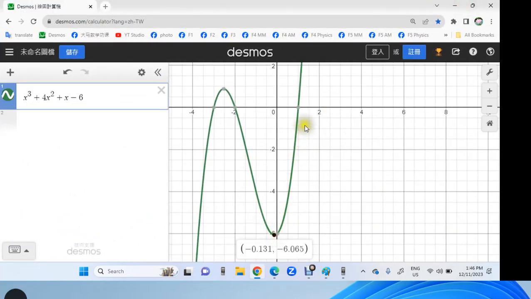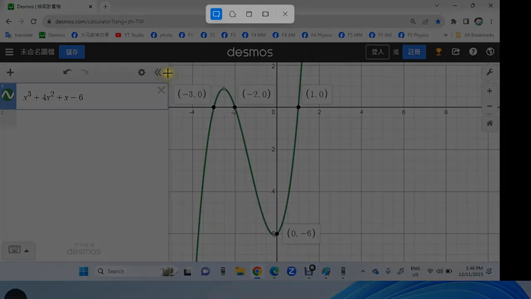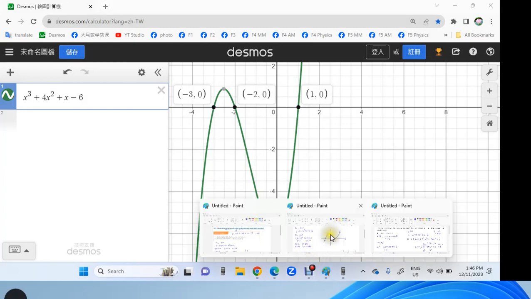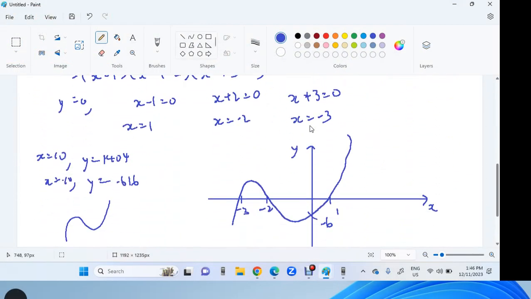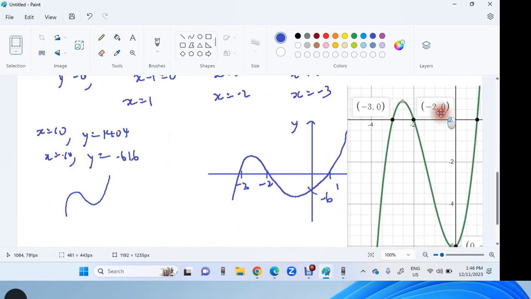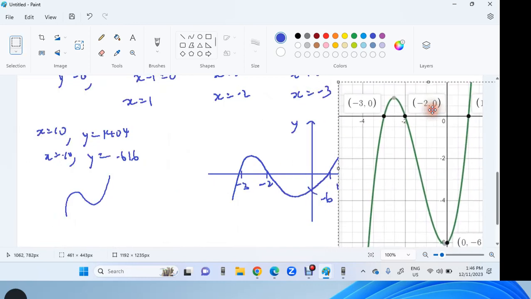We have the intercepts only. So what we show is this, and this is enough.